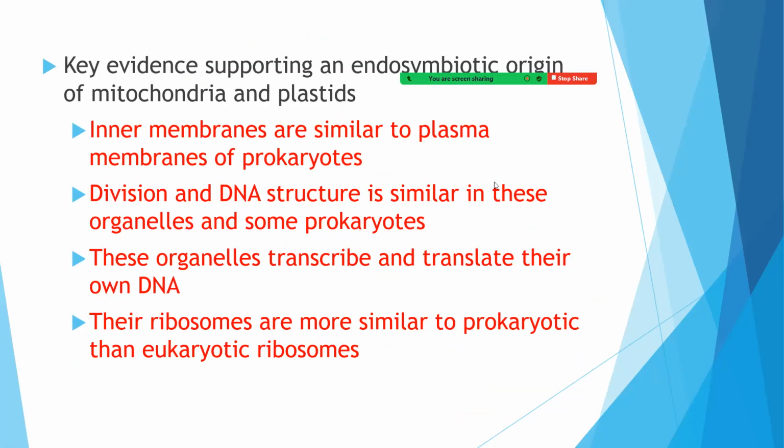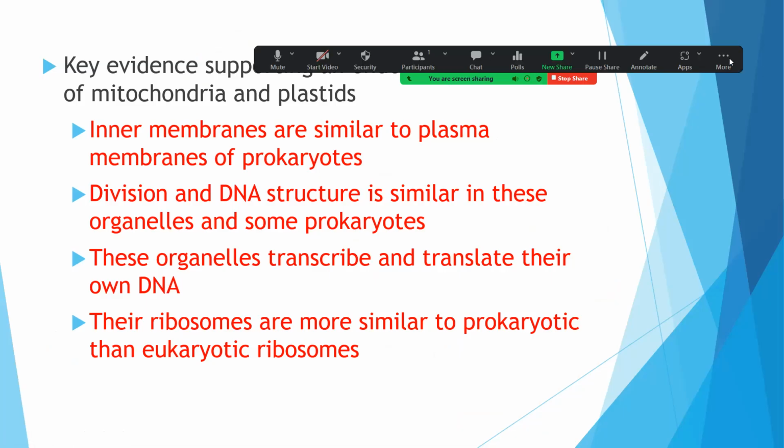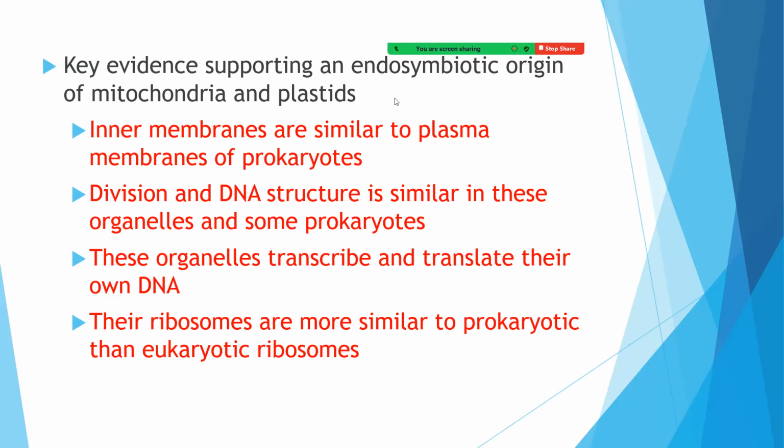So we also looked at this before, this idea of what is the evidence for the endosymbiont theory. These are the pieces of evidence that help support this. We see that the inner membranes inside of our eukaryotic cells are very similar to the plasma membranes that we see in prokaryotic cells.